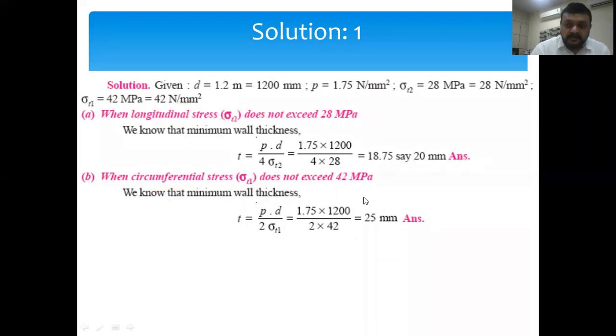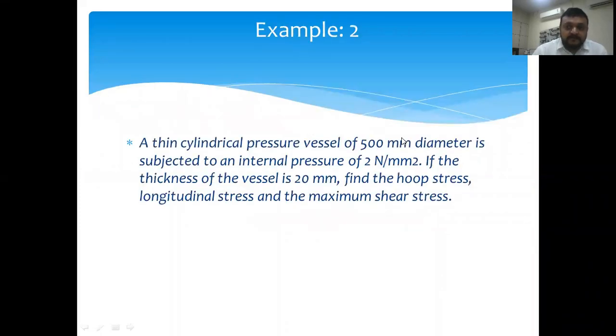So this is about the example, how it is used. Now I will show you another variety of example. Just have to see: design the thin cylindrical pressure vessel of 500 mm diameter. Diameter is given, it is subjected to an internal pressure of 2 Newton per mm square, and thickness T is again given, so there is no need to find out the thickness, but here you have to find out sigma T1, longitudinal stress sigma T2, and maximum shear stress tau max.